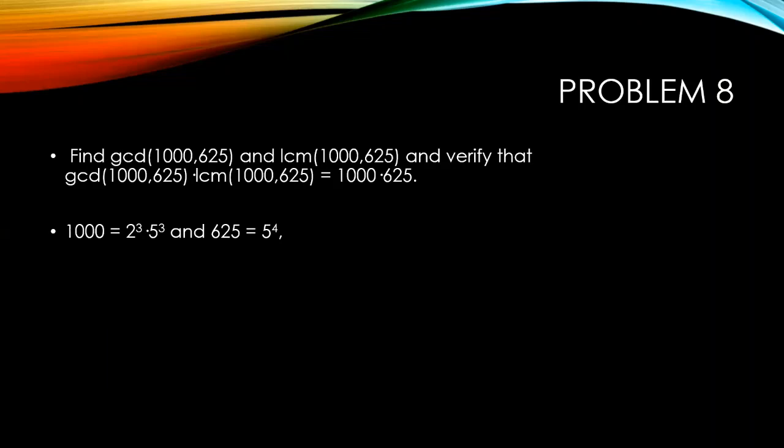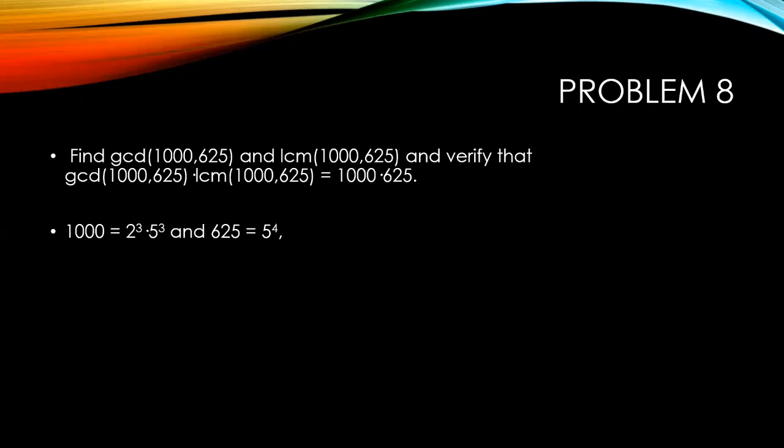Okay, problem number 8. Find the GCD of 1000 and 625, and the common multiple of 1000 and 625, and verify that when we multiply the GCD and LCM, it is equivalent to 1000 times 625. So let's get the GCD first. The prime factorization of 1000 is 2 cubed times 5 cubed, and for 625 it is 5 raised to 4.